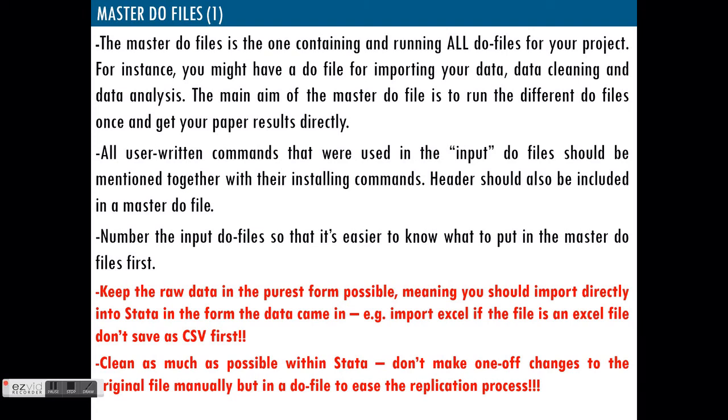So after having a list of the input do files and the numbers about which do file should come first, you can know in the master do file what comes first, and then run your master do file and get the result.